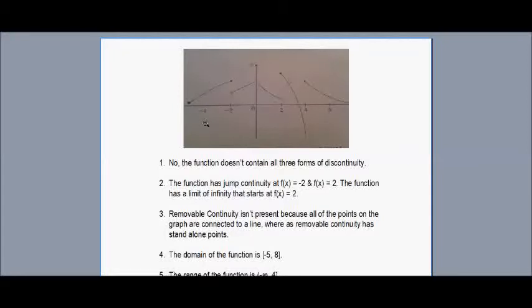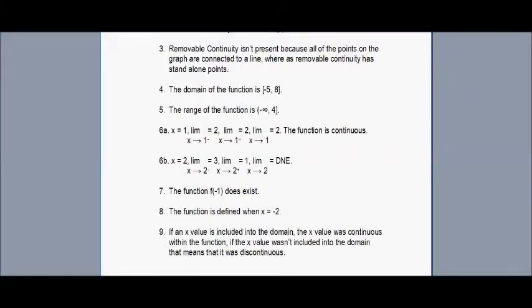You want to find all the closed circle points. That's where you're going to be looking for your domain, and any gaps in between a function basically tell whether it's discontinuous or not. So that's basically how domain and continuity are related.